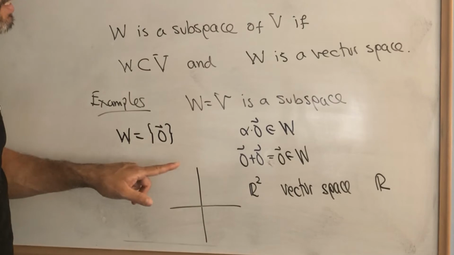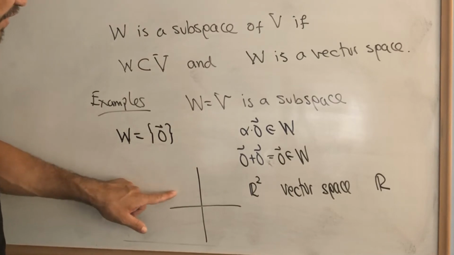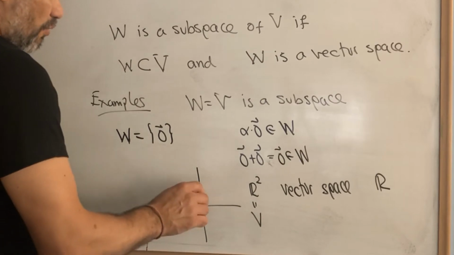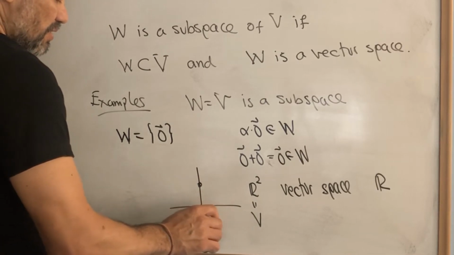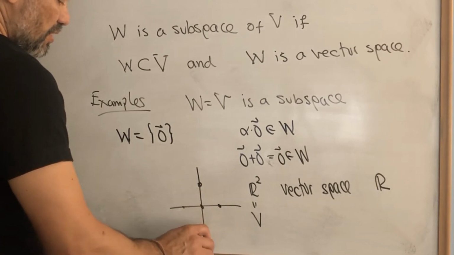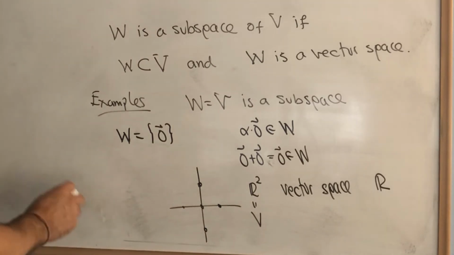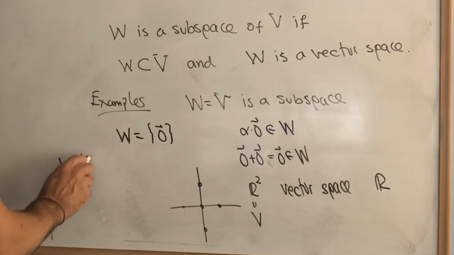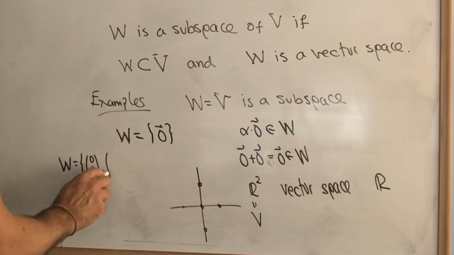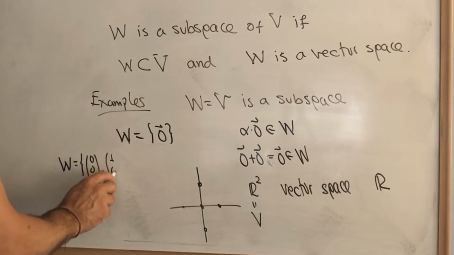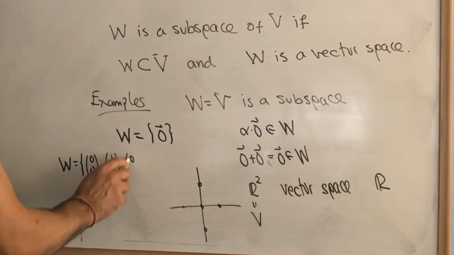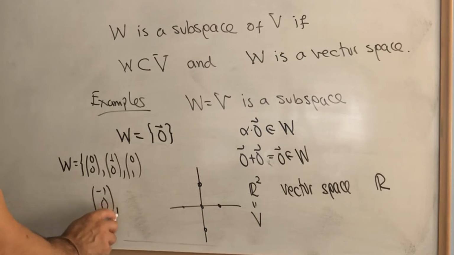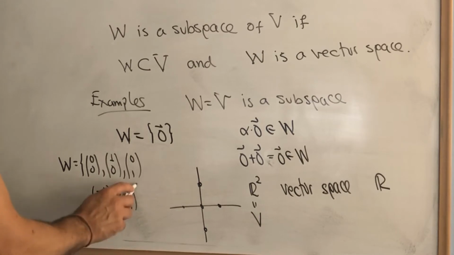Then this is a vector space, and let's take these 5 points: this point, this point, this point, this point, and this point. Then our W is just the vectors (0, 0), (1, 0), (0, 1), (-1, 0), and (0, -1).